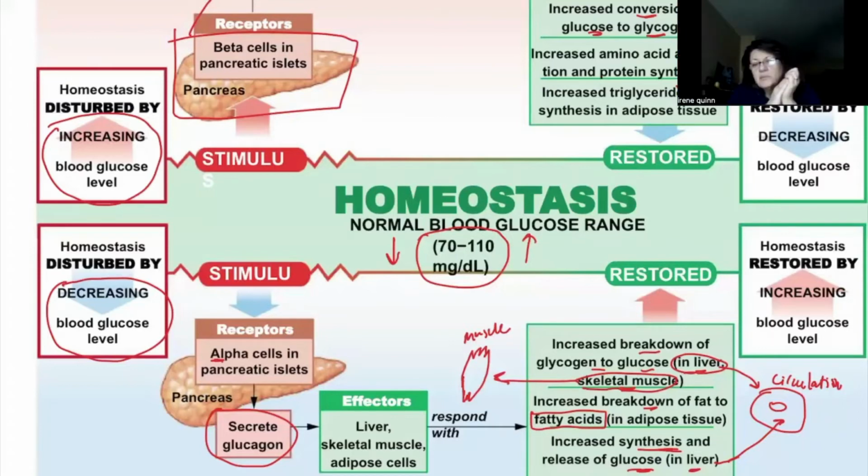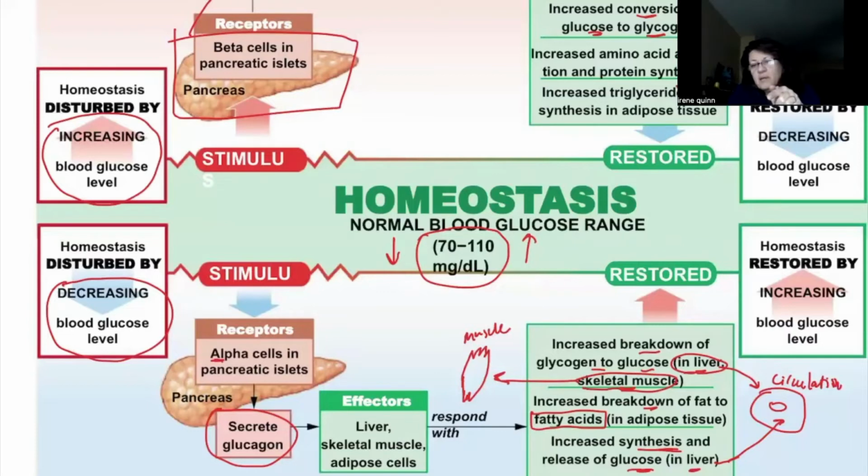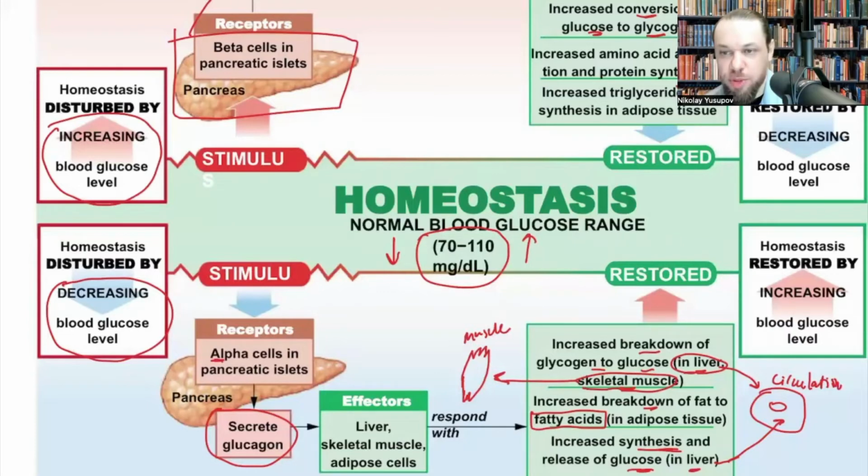Okay, Nico. The body now is going into ketosis, correct? When you're breaking down the fat. Yeah, and if you prolong this starving state, the body can then start to make ketone bodies. Acetone is one of them.